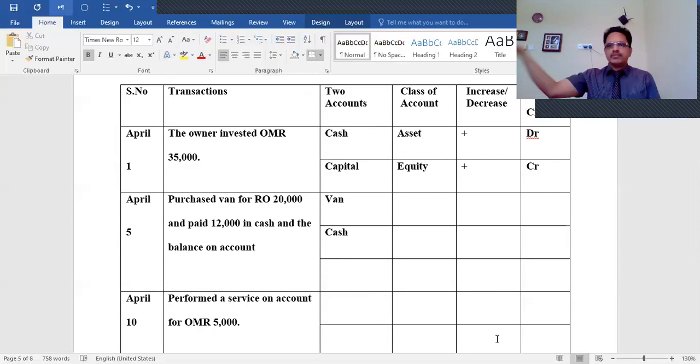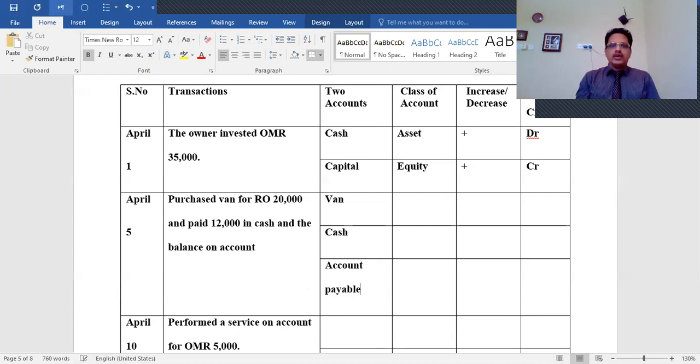That means after maybe 1 month or 2 months, according to the terms of credit between you and the supplier, it may be 15 days, 2 months, up to 6 months. That doesn't matter. Whatever it may be, you paid 12,000 now, and the rest you have to pay later. It means it is your liability, normally called accounts payable.